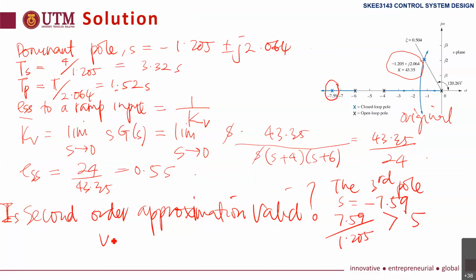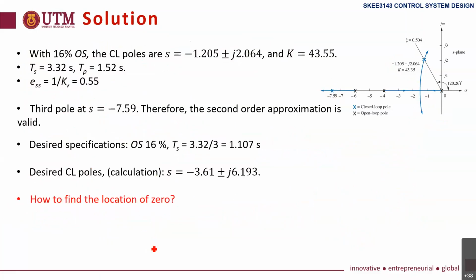Then this is valid, because the third pole is more than 5 times farther than the dominant pole. It is shown here.